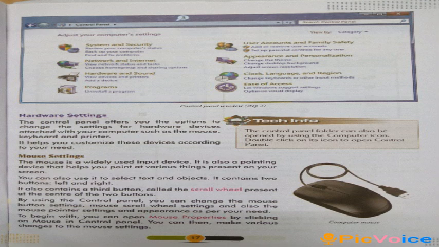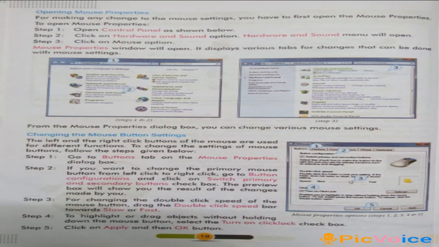To begin with, we can open mouse properties by clicking on mouse in control panel, and make various changes to the mouse settings. Opening mouse properties. My dear students, to open mouse properties, we should follow 3 steps.